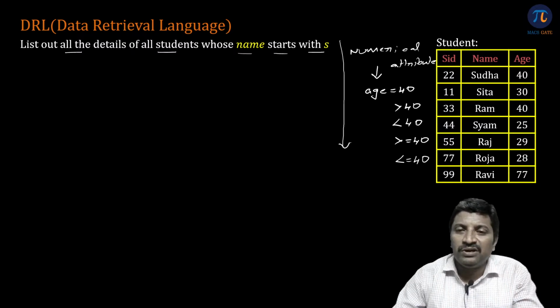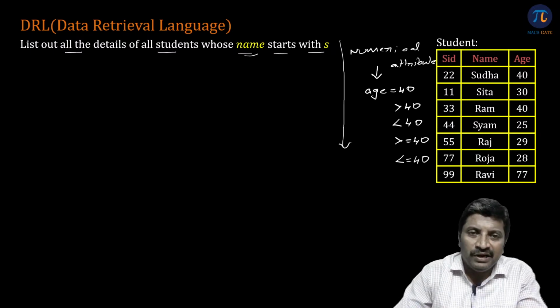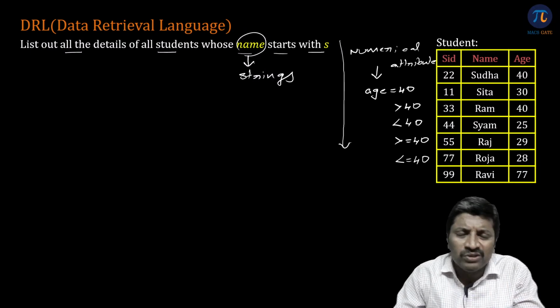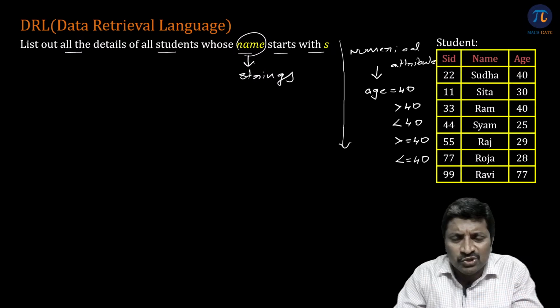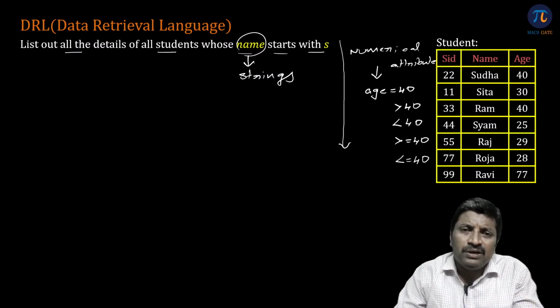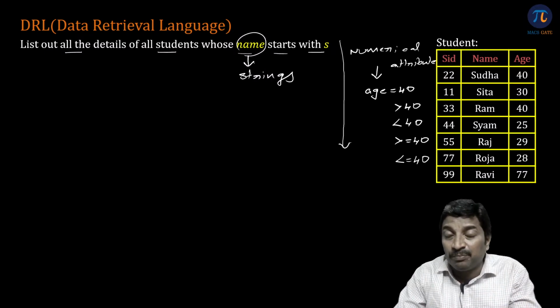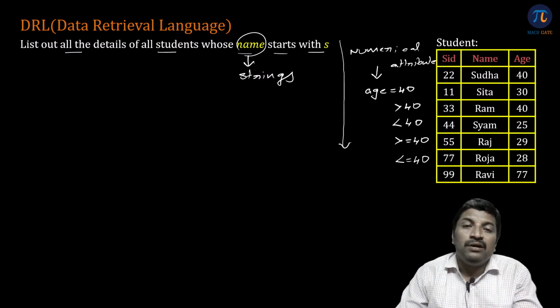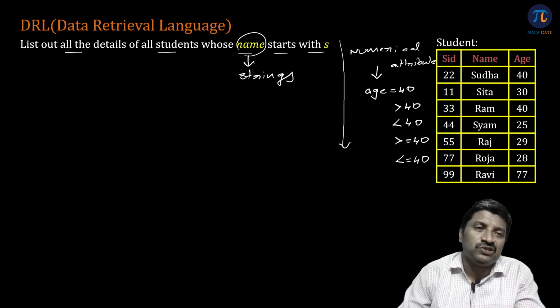These are the possible relational operators. Suppose I have name, it is a string, sir. Whenever I have conditions on strings, if you know the exact string, you can surely use equality, sir. But if I know only some pattern or some partial data, then how to deal with them? So let us start.